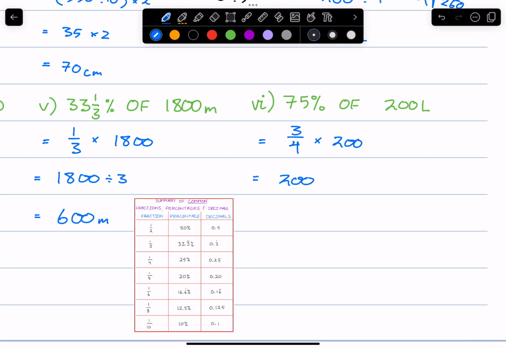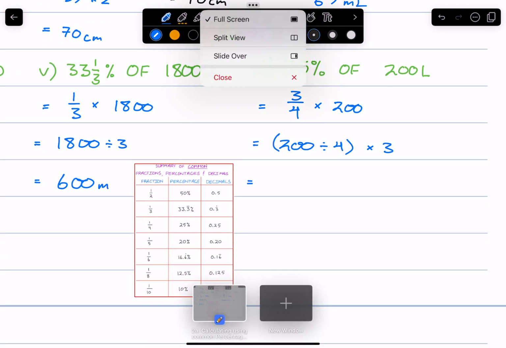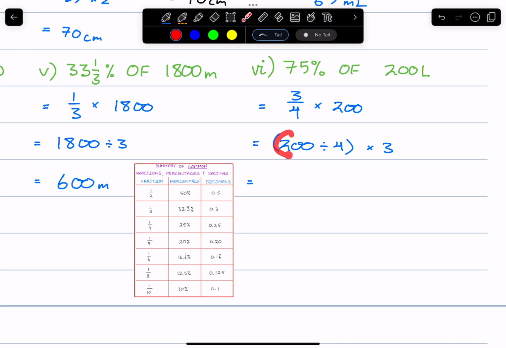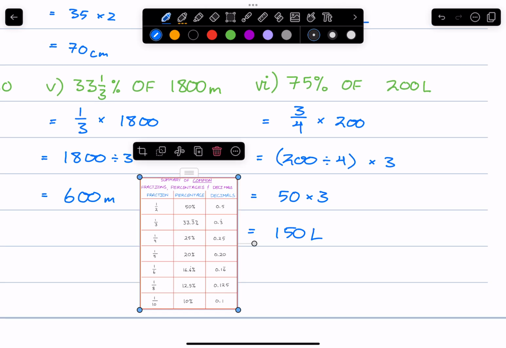So 200 divided by 4, and then multiply by the numerator of 3. 20 divided by 4 is 5 with a 0 because it's 200 divided by 4. And this number we're going to multiply by 3. 50 times 3 is 150. And since the unit here is in liters, it's going to be 150 liters.